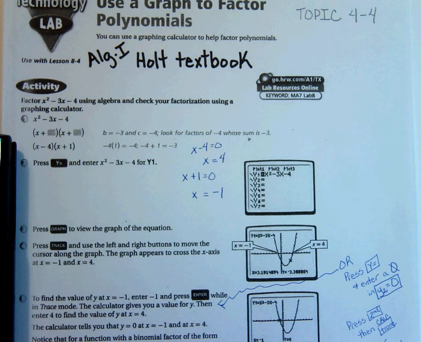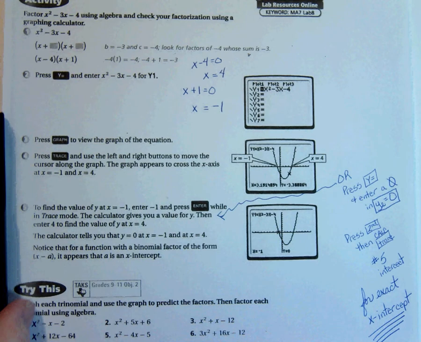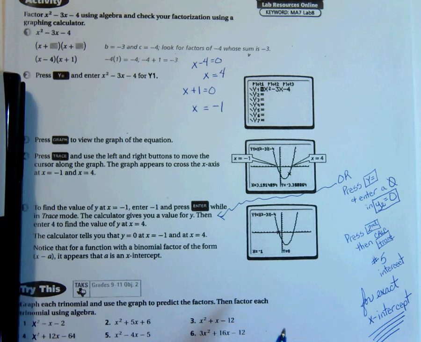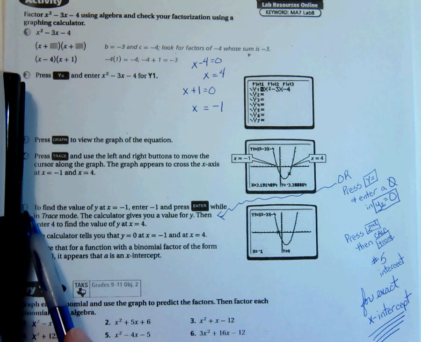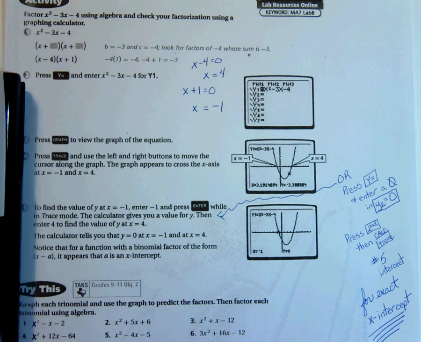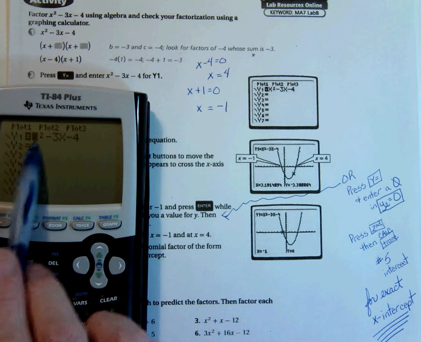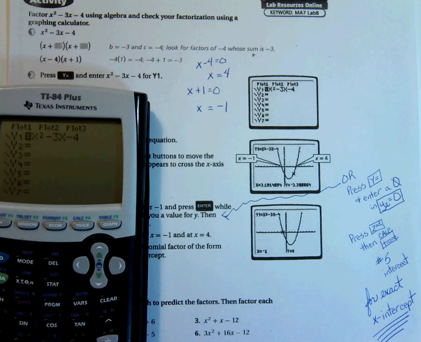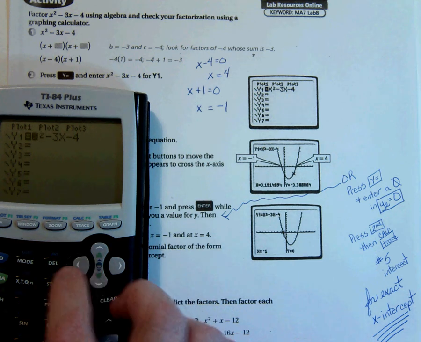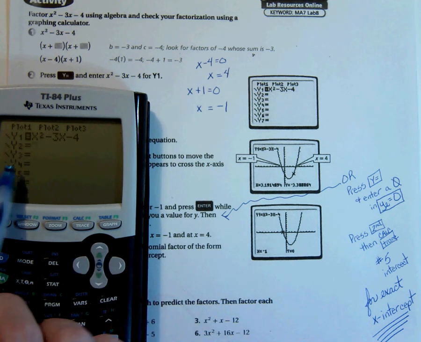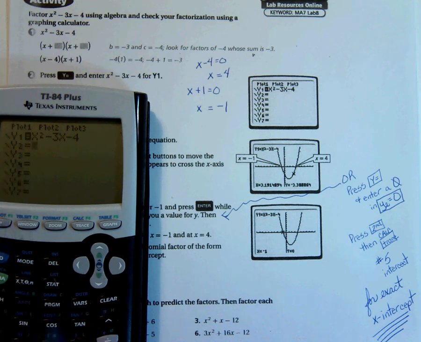It's not exactly at y equals 0, so I've given another little side note on your notes to explain that you can get a more exact answer, not just by tracing with the trace button as example 5 shows, but you have to do an extra step. That extra step is after you've put your equation in, you put a 0 in for y2. You move your cursor down to y2 and put in a 0.